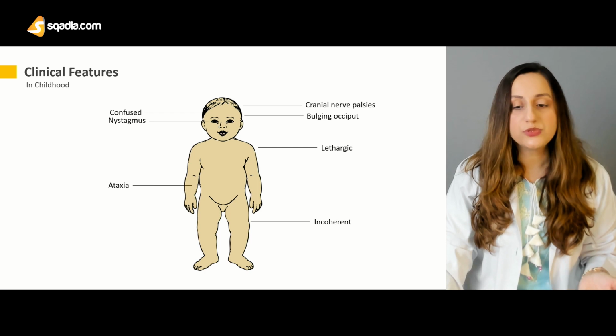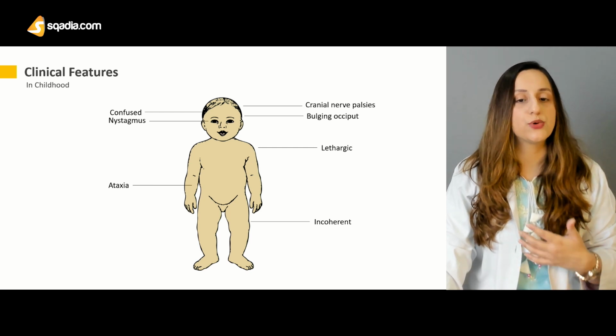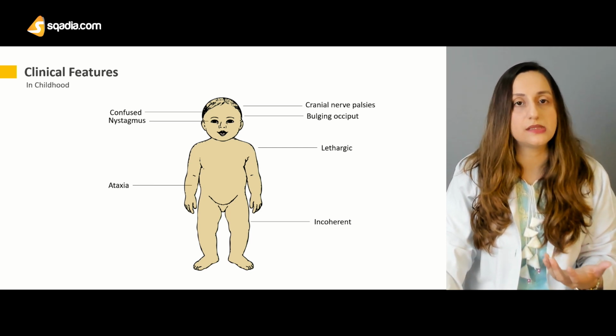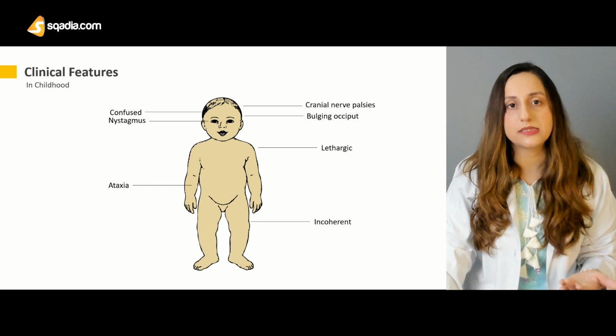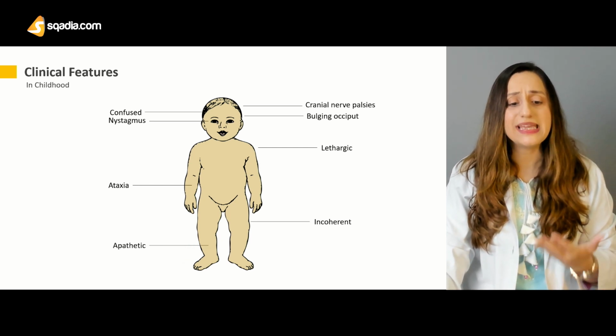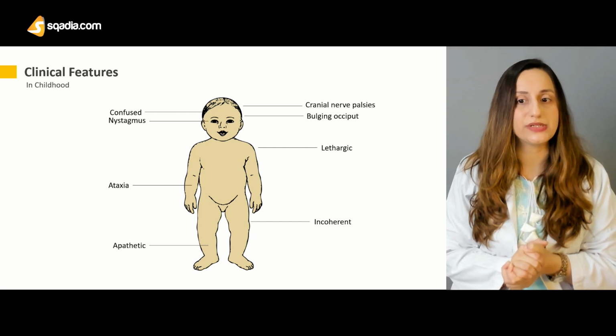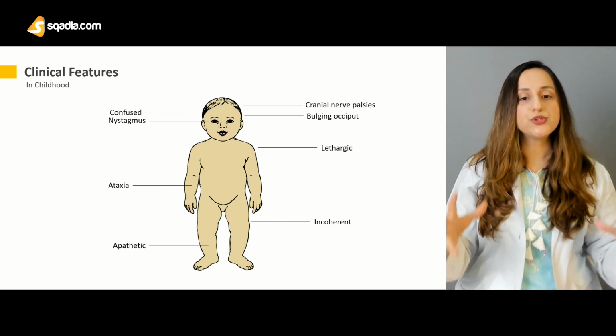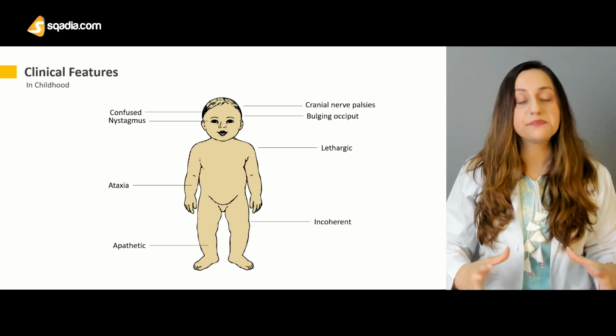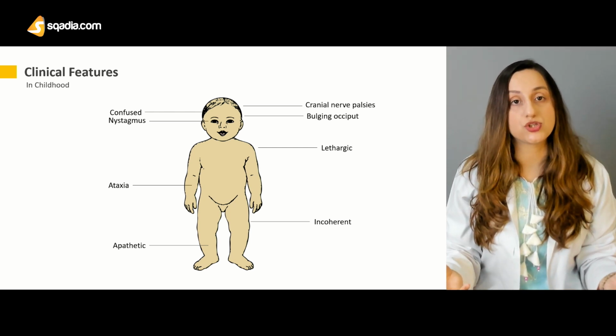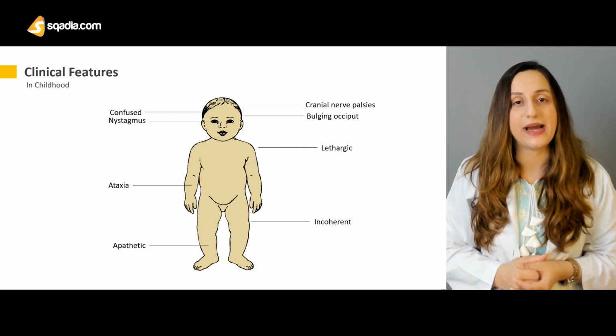They're going to be found incoherent, and they're going to babble words which are not comprehensible at all. Apathy is again one of the features observed for these children. So this is going to be the overall, complete, classical clinical picture in a neonate who is suffering from hydrocephalus.